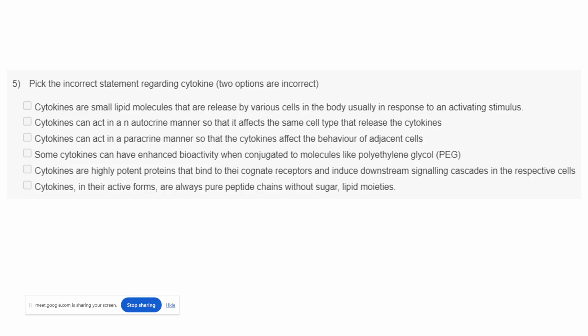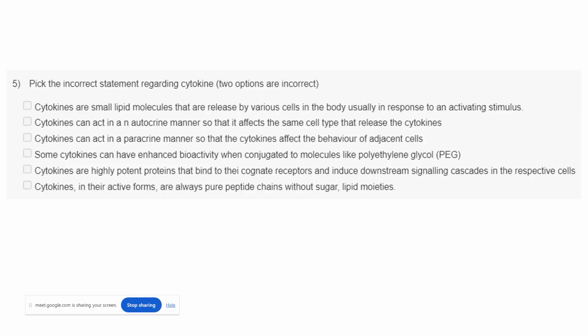Okay, we have the fifth question here. Pick an incorrect statement regarding cytokines. You have to select two options that are incorrect here. First option and the last option.